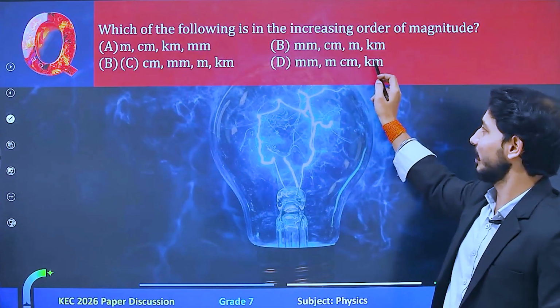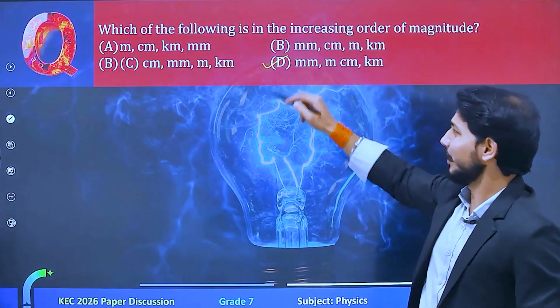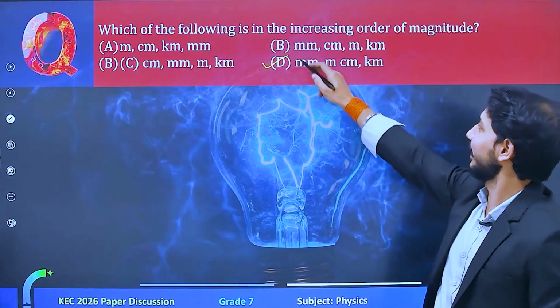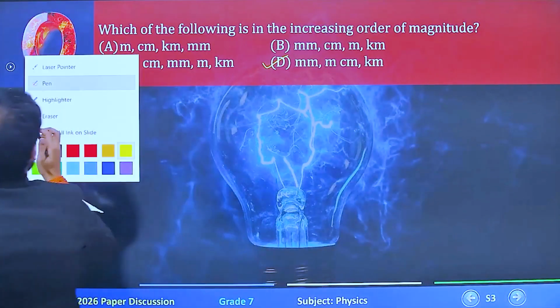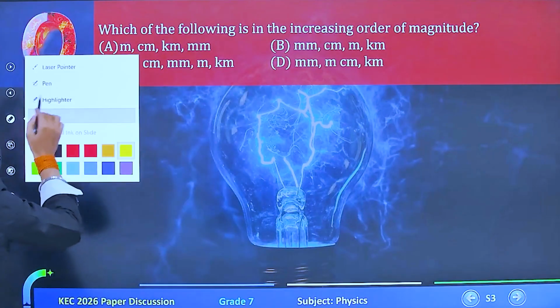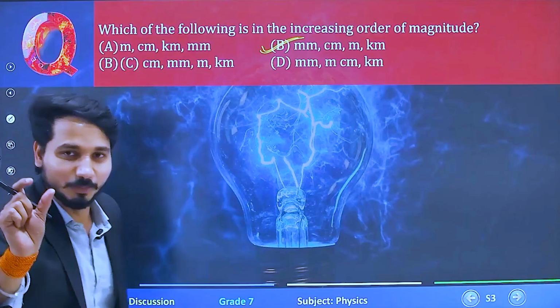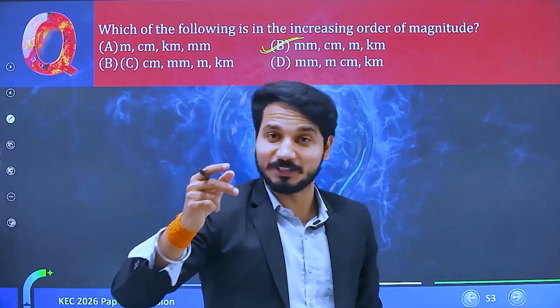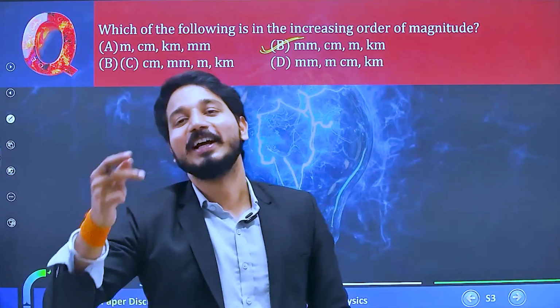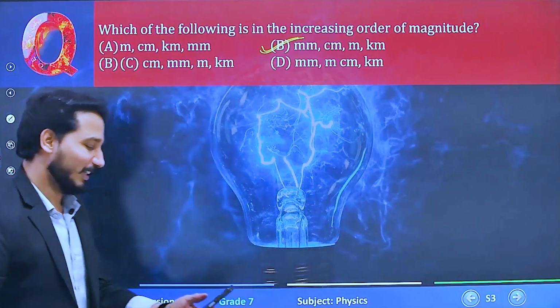Mm is the smallest, centimeter is bigger than millimeter, meter is bigger than centimeter, and kilometer is finally bigger than meter.